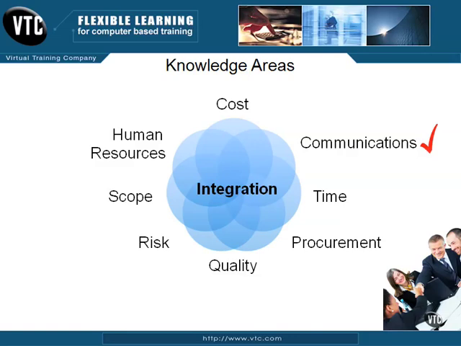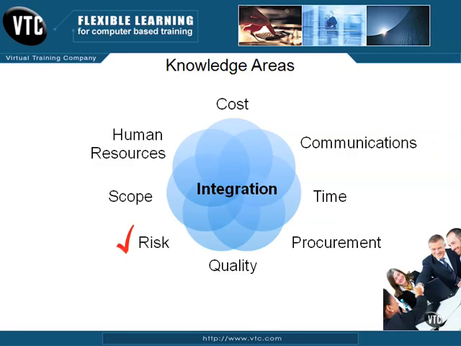This knowledge area is responsible for connecting people and information to results in successful communication within the project. There are 5 processes: identify stakeholders, plan communications, distribute information, manage stakeholder expectations, and report performance. The project risk management knowledge area is next.